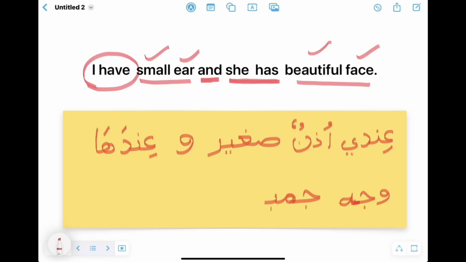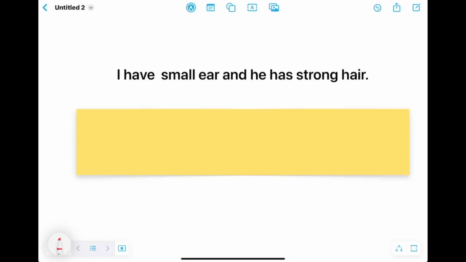And then a line with a dot. Jamil. Jamilun. Full stop. Come on. Read. Indi udhun saghir wa indaha wajh jamil. Very good. Next sentence.